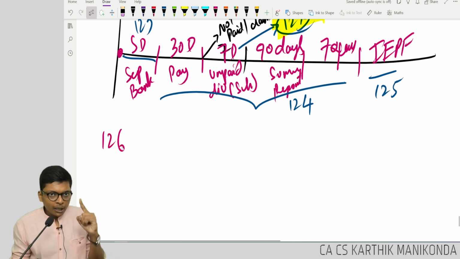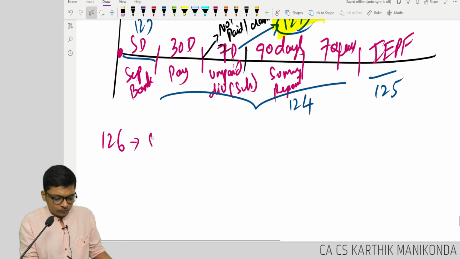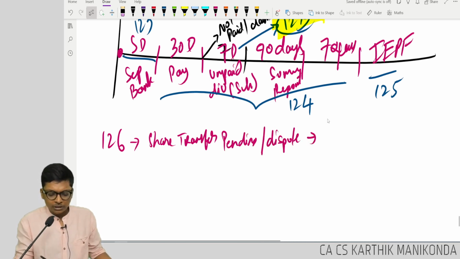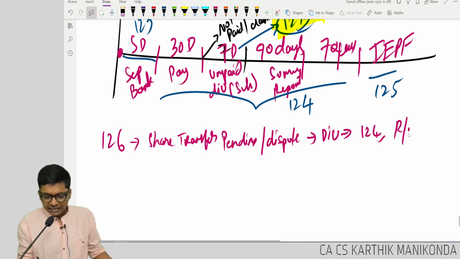126, one line, just one line. Look at this. Share transfer pending, or there is a dispute, then dividend will be transferred to 124. Rights and bonus will be kept in abeyance. That's it.